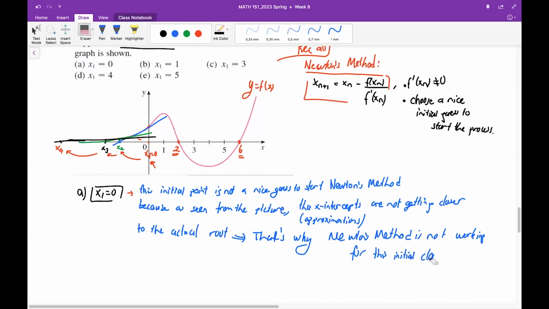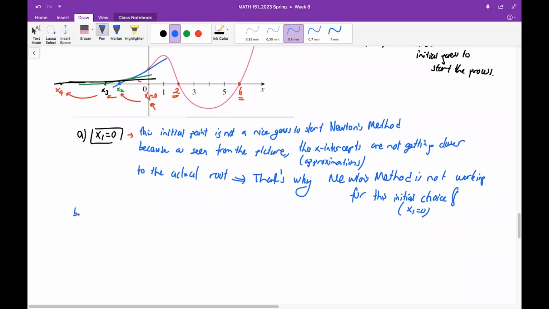Okay, this is the explanation. This initial choice was x1 equals 0, and we see that Newton's method is not working for it. As you can see, the approximations are getting not closer but far away from the actual root.